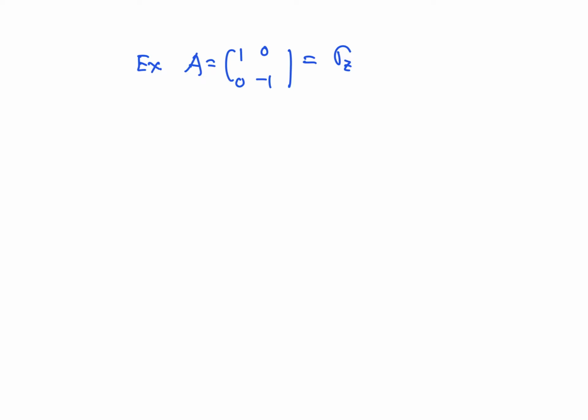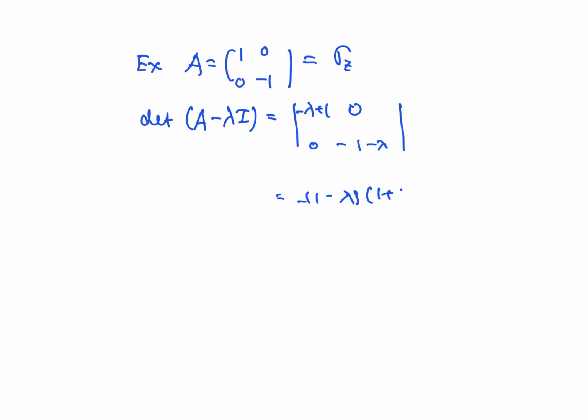So the determinant of A minus lambda I, right? So this is basically 1 minus lambda times minus 1 minus lambda, which is minus 1 plus lambda square, is equal to 0.